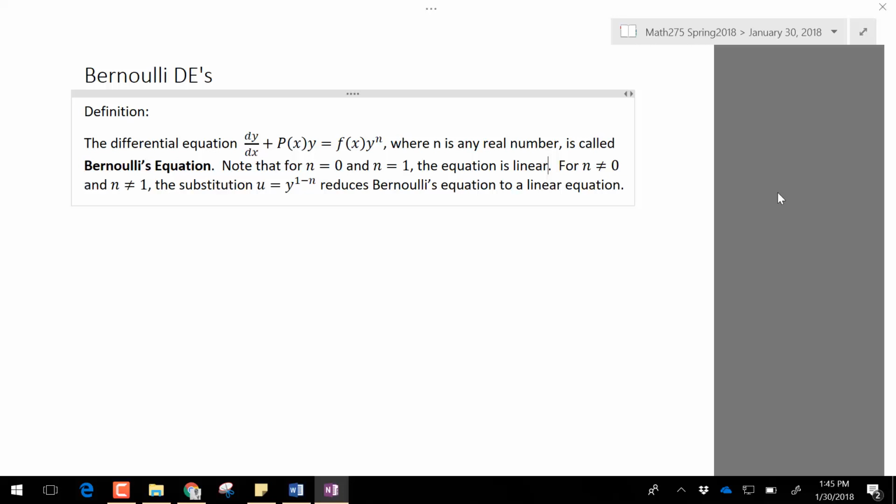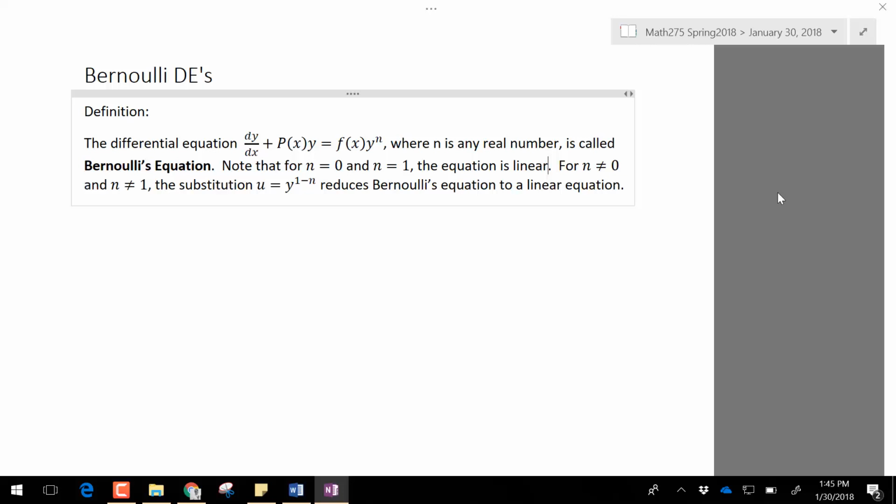So a Bernoulli differential equation almost looks like a linear differential equation, except that on the right-hand side there's an extra y to some power. Okay?